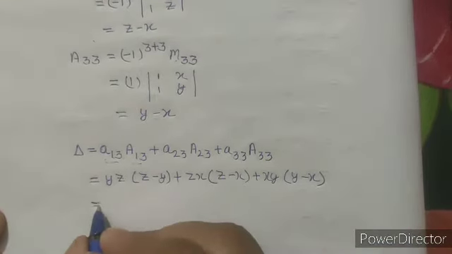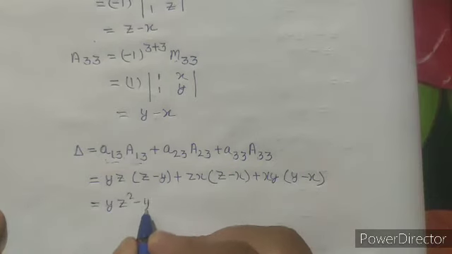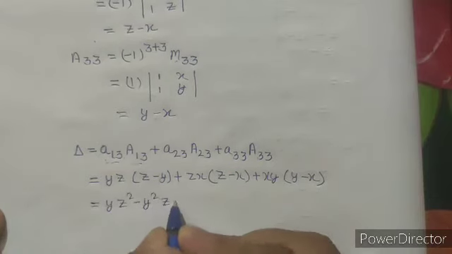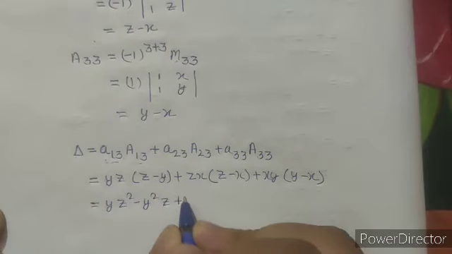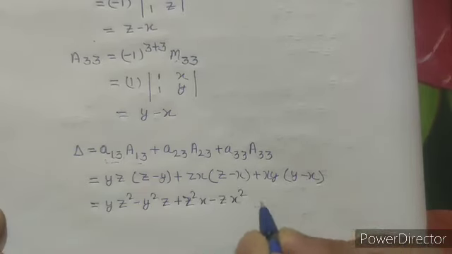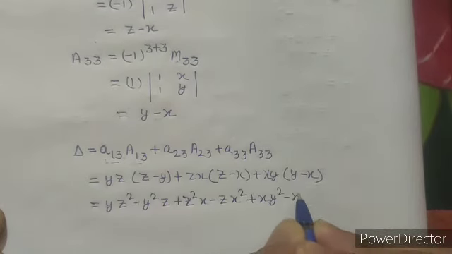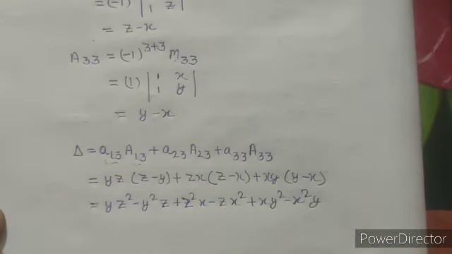Now that will give us yz square minus y square z plus z square x minus zx square and plus xy square minus x square y.